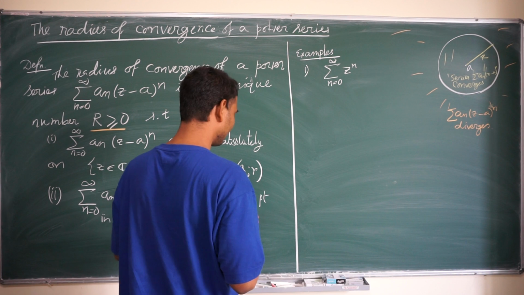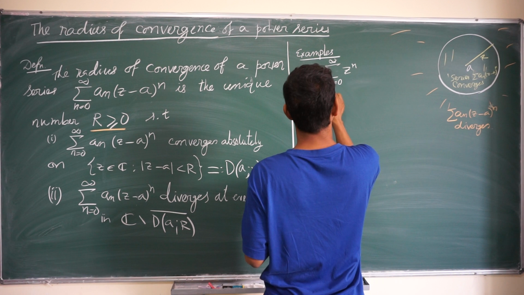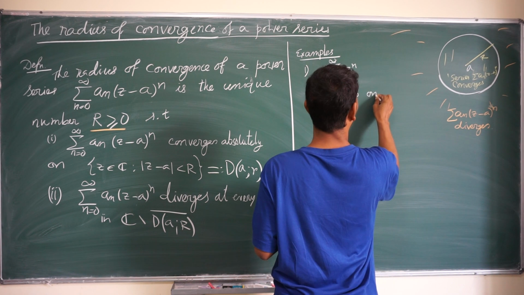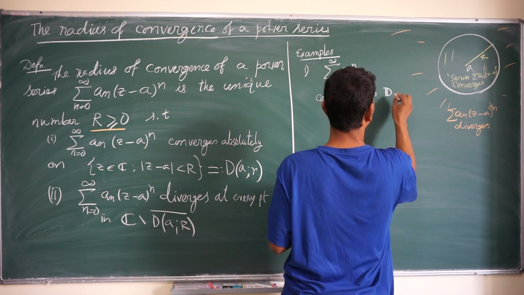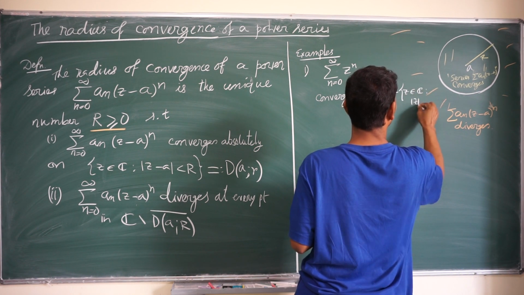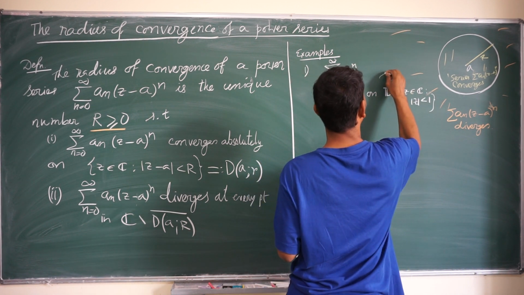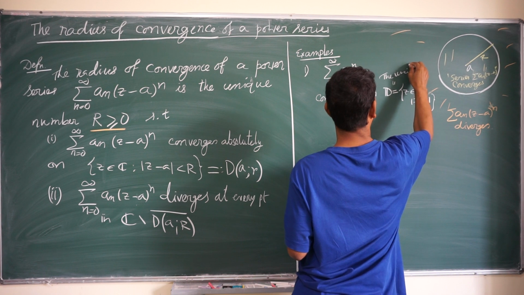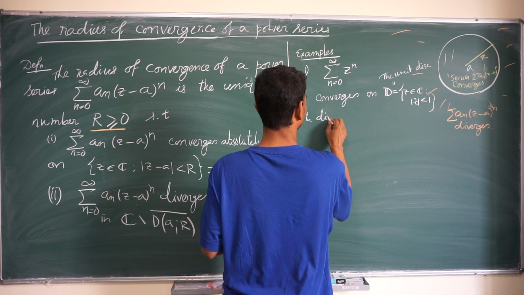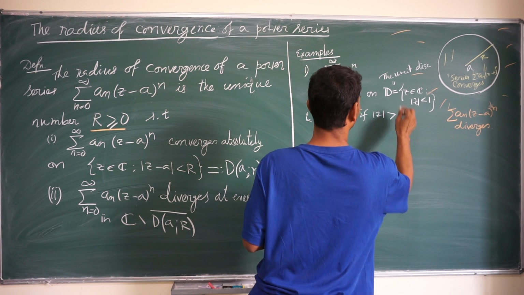Maybe before going into that, this one we know converges on the unit disk, which is z in C such that mod z is less than 1. This is called the unit disk. And it diverges if mod z is bigger than 1.